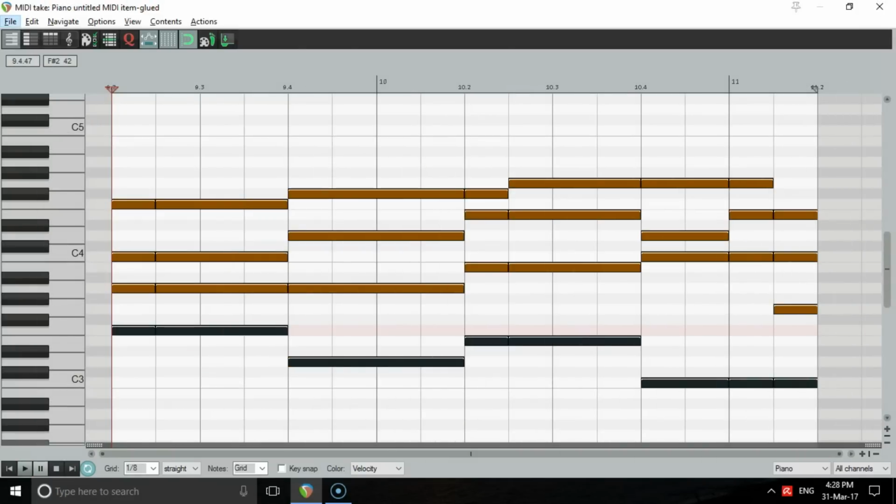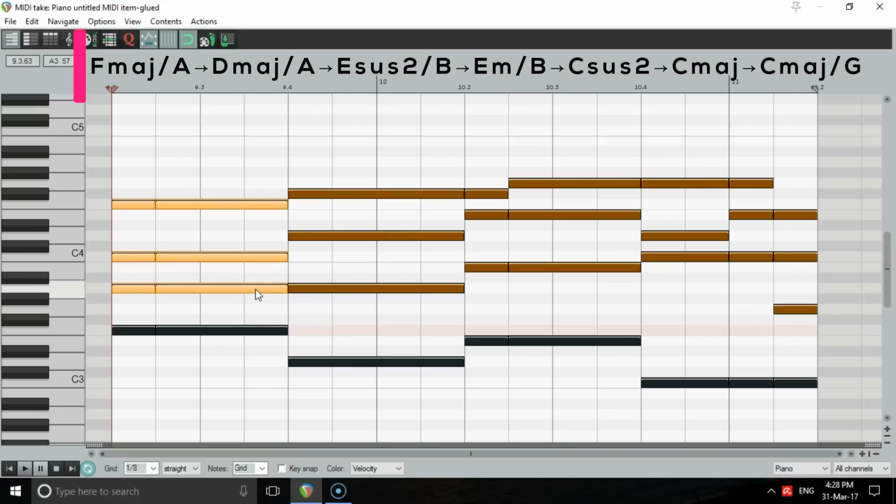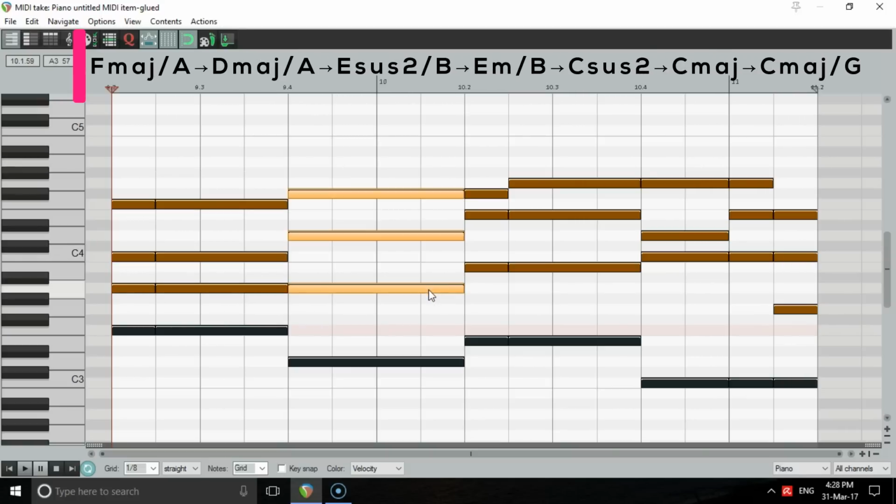Finally, here's a little chord progression we made, inspired by this example, but where each chord shares a common note with the next. The chords are F major/A to D major/A to E sus2/B, resolving to E minor/B, to C sus2, resolving to C major, then C major/G.